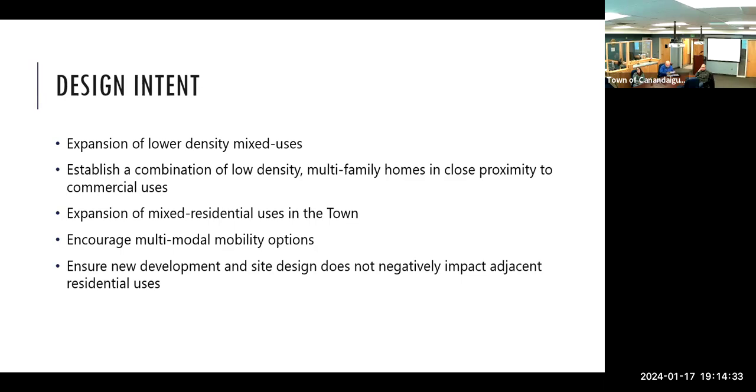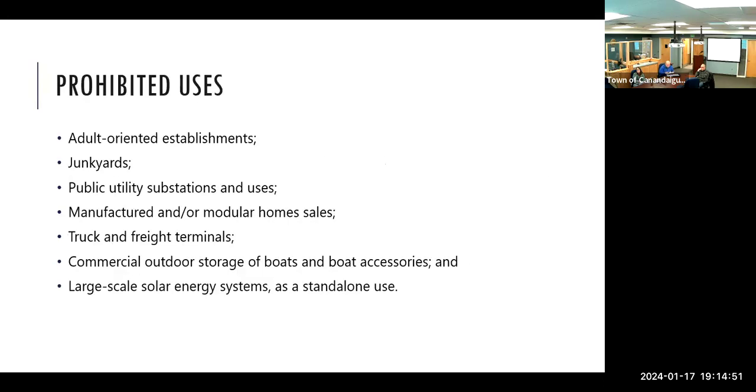Part of that is recognizing there's a lot of residential already occurring on the periphery of this district, so wanting to make sure there was a nice buffering of uses surrounding that residential. Again, prohibited uses really do mimic the 332 corridor, except this district obviously allows single families.